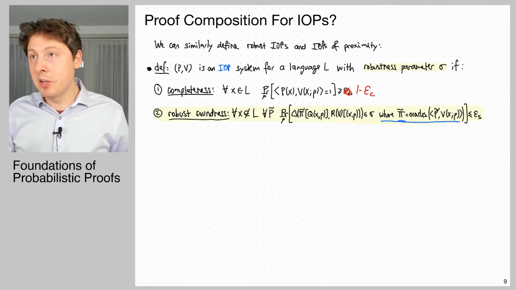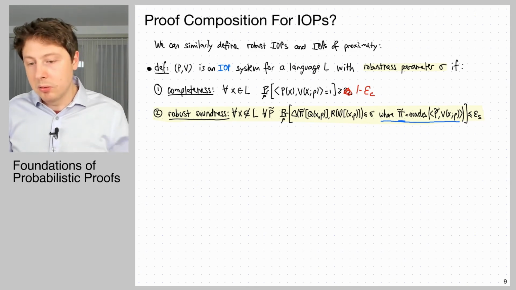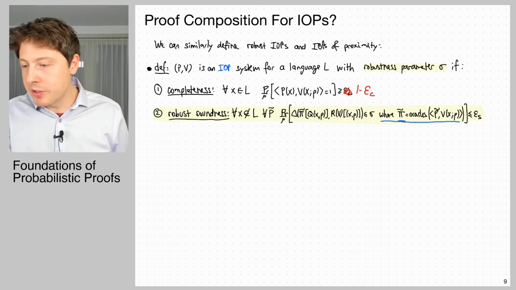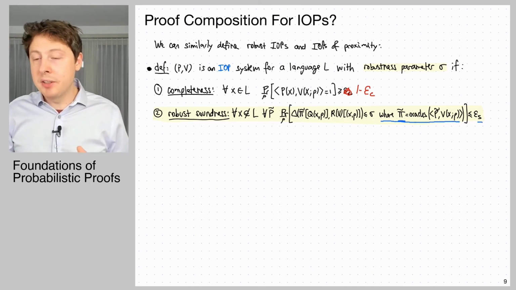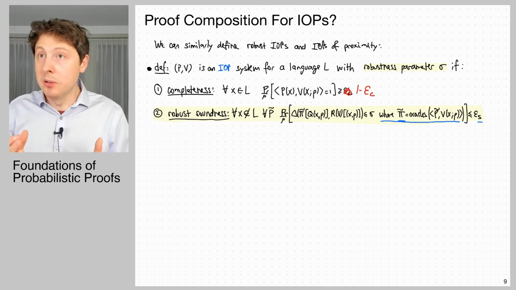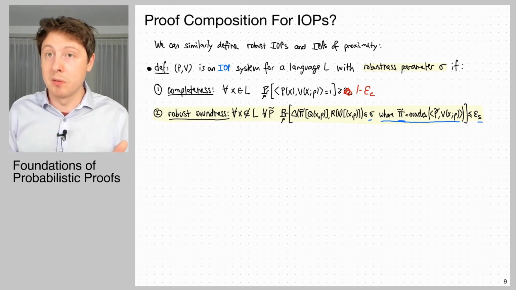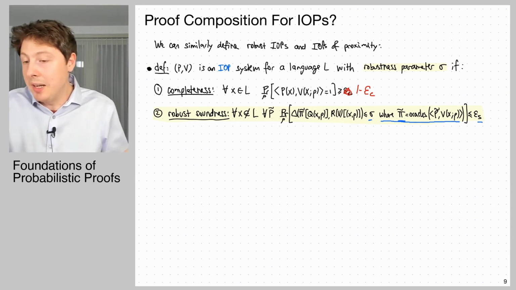So robust IOP means that with probability at most epsilon s, after interaction, the local view is closer than sigma when you restrict it to the local view. There's really basically no change.